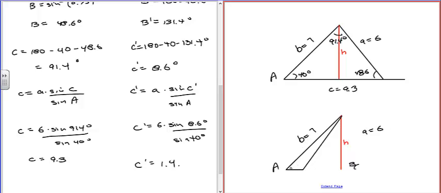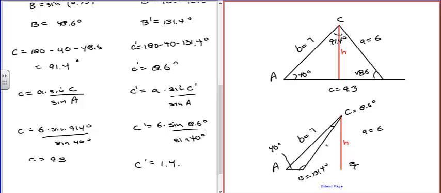So I'll write it: this is 40 degrees. This was angle C up here, so angle C is 8.6 degrees, that little angle here. Angle B is 131.4, which makes sense, it's an obtuse angle.